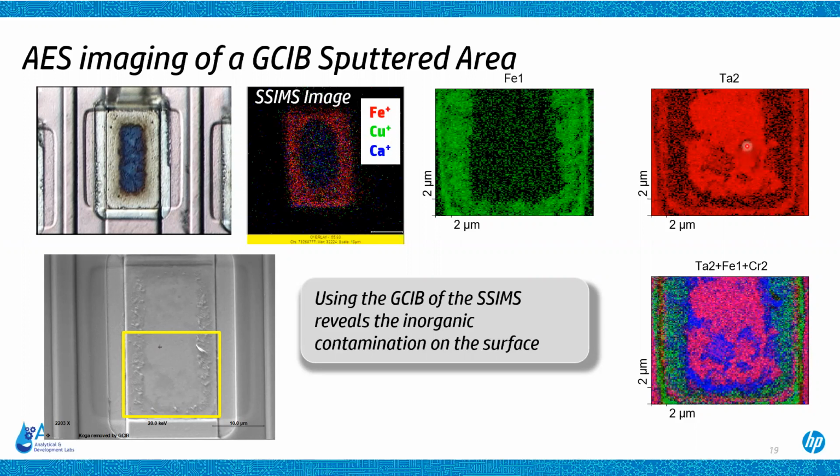Drop the beam in there, and what you discover is that there is in fact chromium present. Now we can map out the chromium, and we can map out the tantalum, and we can map out the iron and see how these are distributed. That actually gives us information about the fluid dynamics of the ink inside the firing chamber here. So that's of great interest.